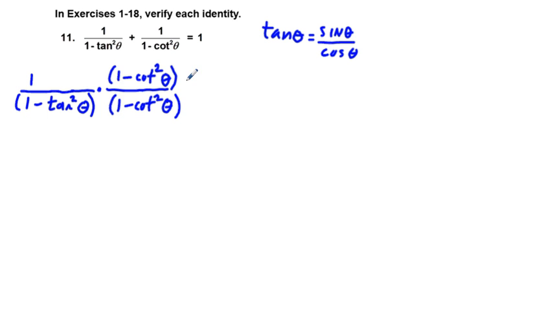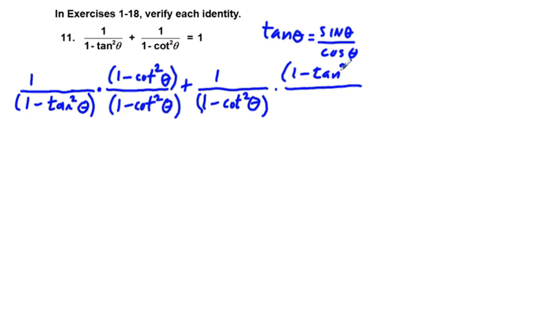Okay, and then we're going to add this 1 over 1 minus cotangent squared theta, and then we're going to multiply this expression by 1 minus tangent squared theta over 1 minus tangent squared theta.